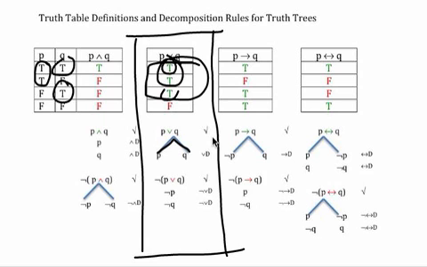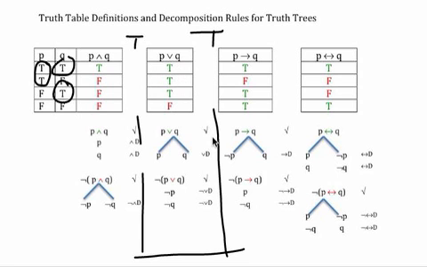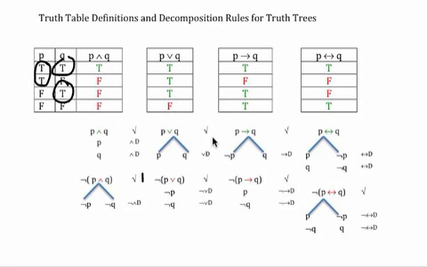So the truth conditions for P wedge Q can be represented by branching with P on one side and Q on the other side. Now, since there are 3 different ways for the statement to be true, there's only 1 way for it to be false. And so the negated disjunction is going to stack. So this is the line of the truth table that we're interested in.